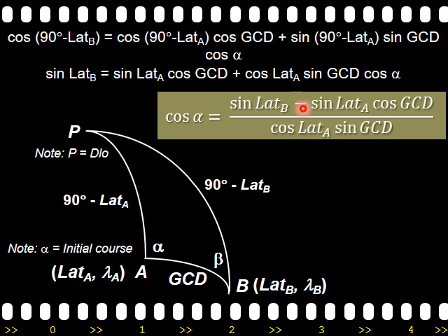So, matitira na lang sa right side, ito na lang term na to. Pero since gusto natin masolve ang cosine alpha, i-divide natin both sides by cosine lat A sine GCD. Kaya yan napunta dito. Okay, so therefore, ito na yung ating final equation for finding the initial course.